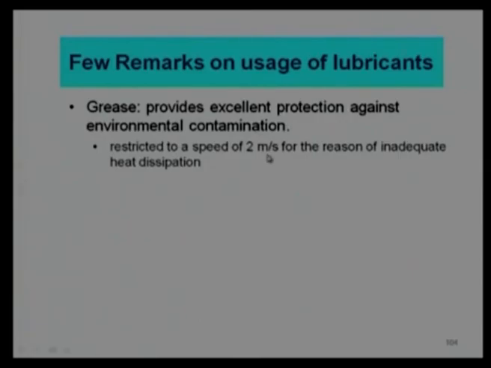That is why the speed limit many times is kept at 2 meters per second, except for a few rolling mills or rolling element bearings, where the speed limit is slightly larger because of the rolling action, but in sliding condition, no.